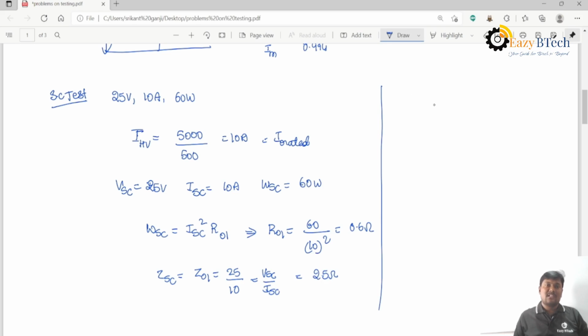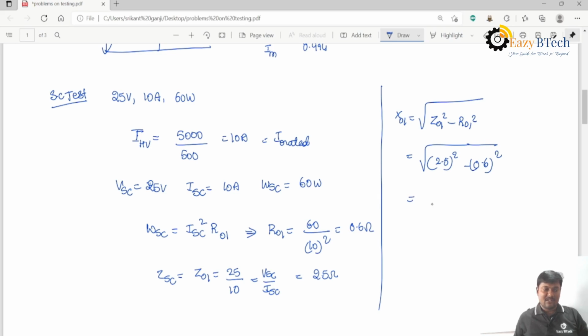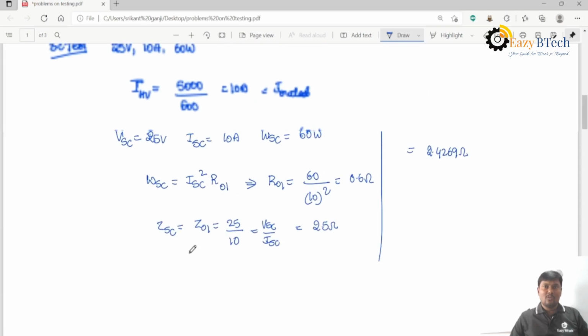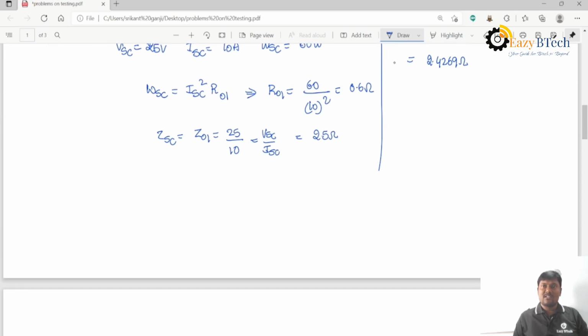From this we can calculate X01, which is equal to the square root of Z01 square minus R01 square. So the square root of 2.5 squared minus 0.6 squared, then I will get X01 equal to 2.4269 ohms. So we have calculated R01 and X01 also.